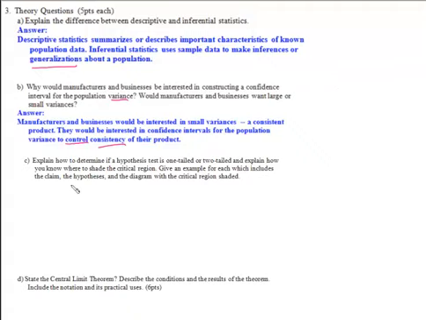Part C, determine left, right, or two tail. Explain how you shade a critical region and give examples, which includes the claim, hypothesis, and a diagram. So let's assume that we're working with proportions. This is section 7.3.